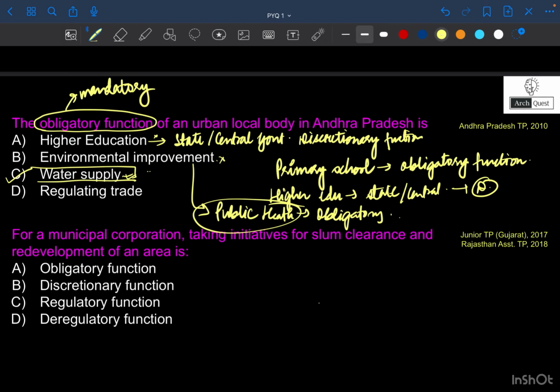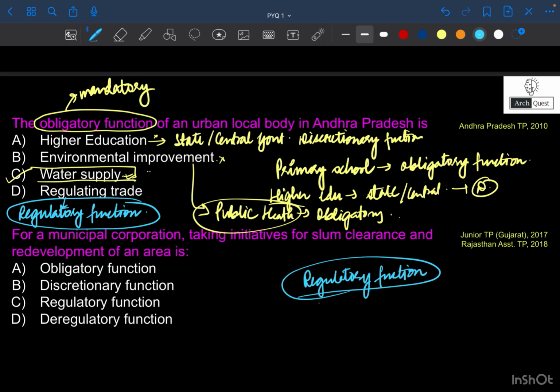Okay. Then let's look at the fourth option, regulating trade. So regulating trade is a type of, I'll mark it down here, regulatory function. They are basically rules and enforcement mechanisms.